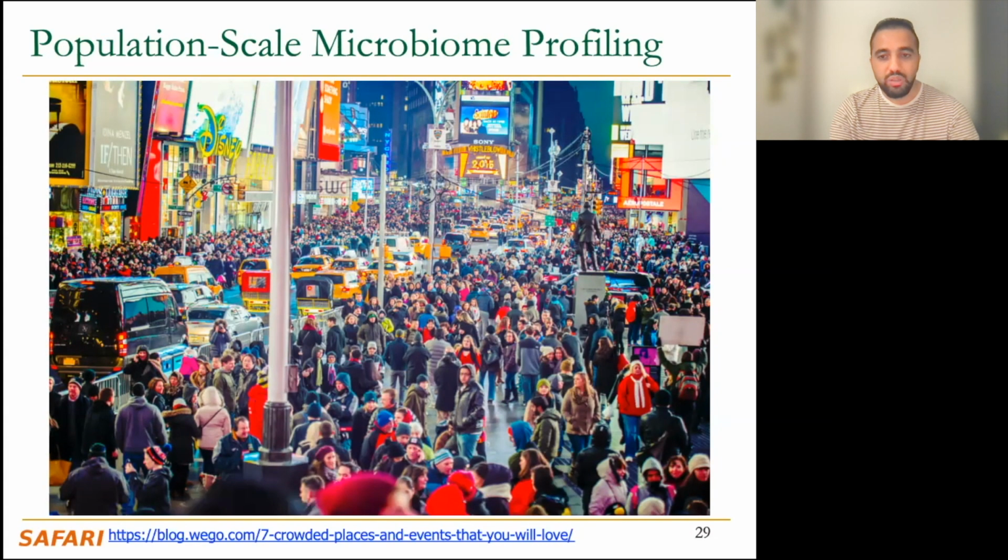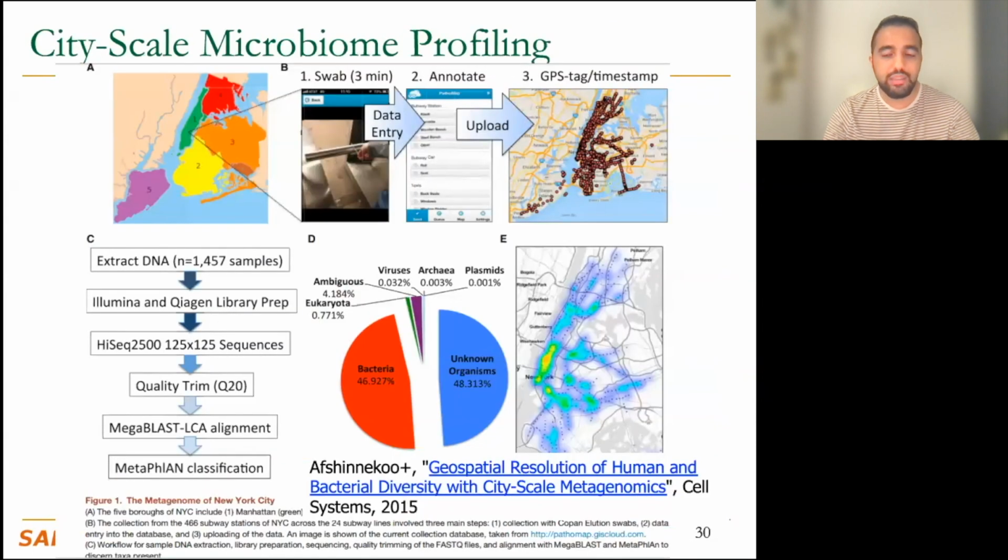So for example, assuming you have a crowd and you want to analyze what we have in such crowded places. So you want to take a sample from these cities. It could be train stations, train doors, or universities, classrooms, and so on. So you take a sample and you want to analyze it. And this was a huge study in 2015, where they took about 1,500 samples from New York subway stations.